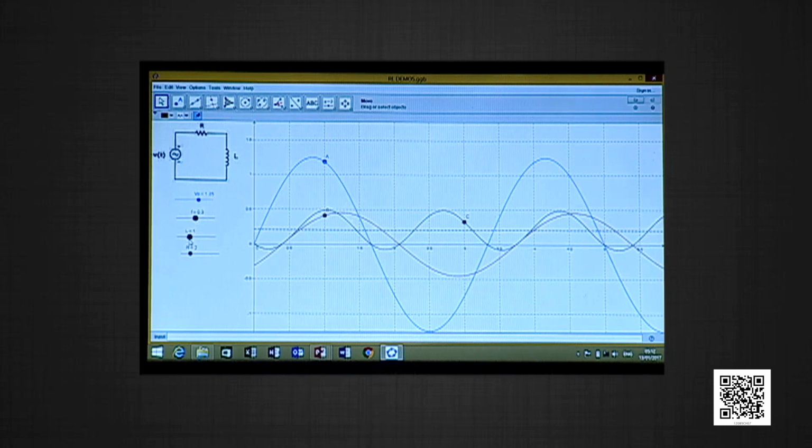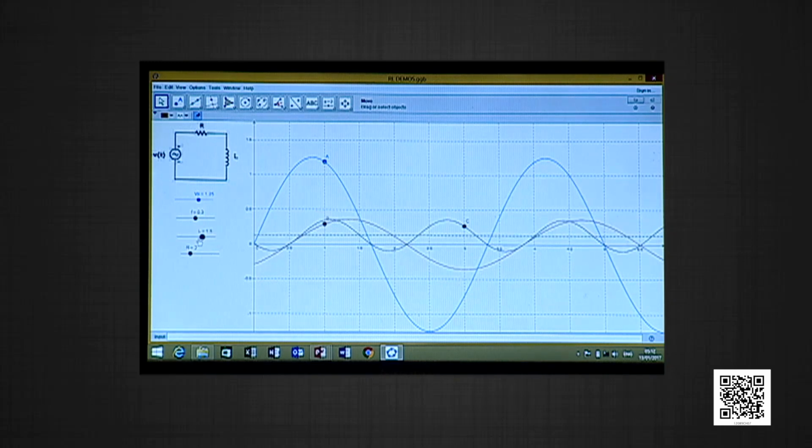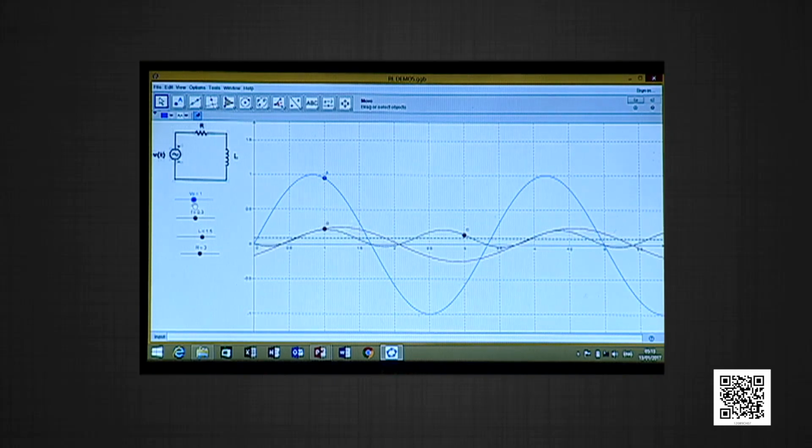Suppose the value of L is changing; through this button we will see. As we increase this value, see how the graph looks. At the same time, if I change R, you can see how the value of R changes the frequency. So, at a different voltage we can check it.